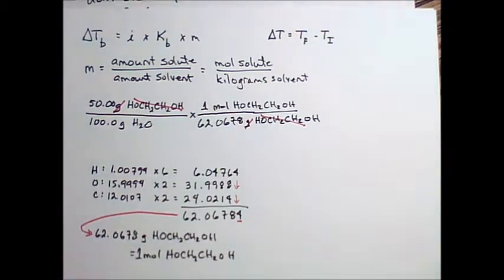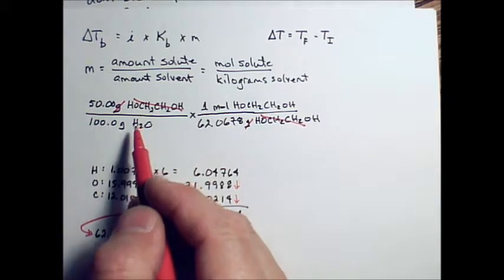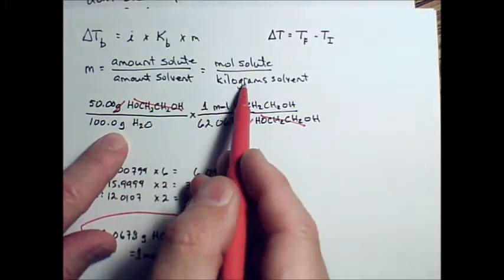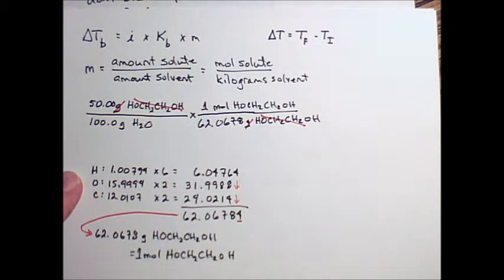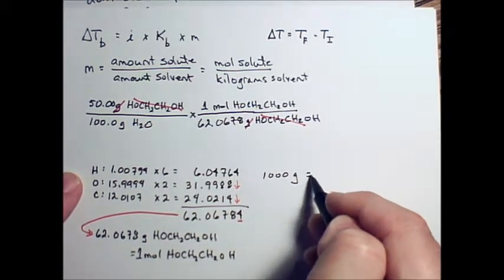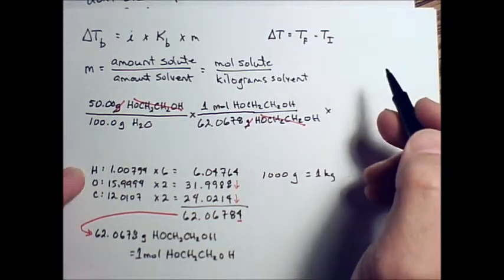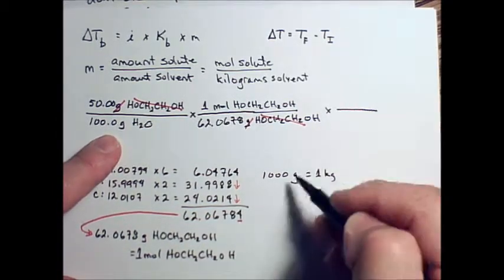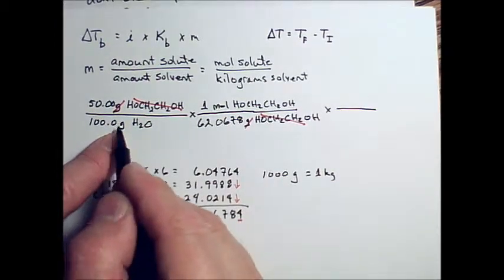Now we're going to do basically the same thing with what's on the bottom, only in this case we're converting from grams into kilograms. For that we're going to need another equality statement: there are 1,000 grams in 1 kilogram. In this case, we want the 1,000 grams on the top because we want to cancel the grams that are on the bottom here.